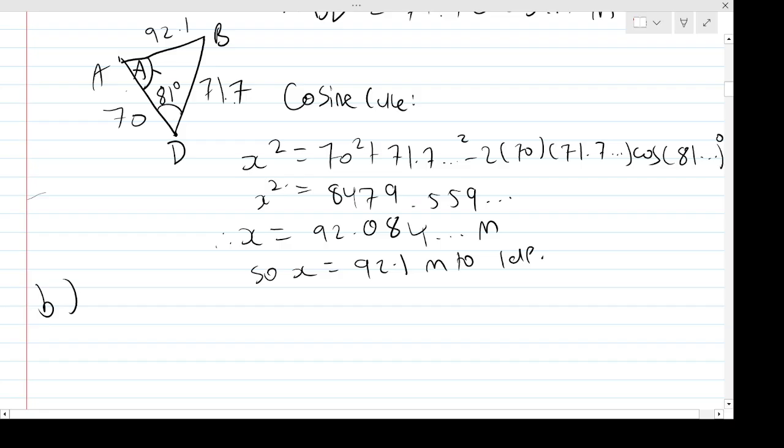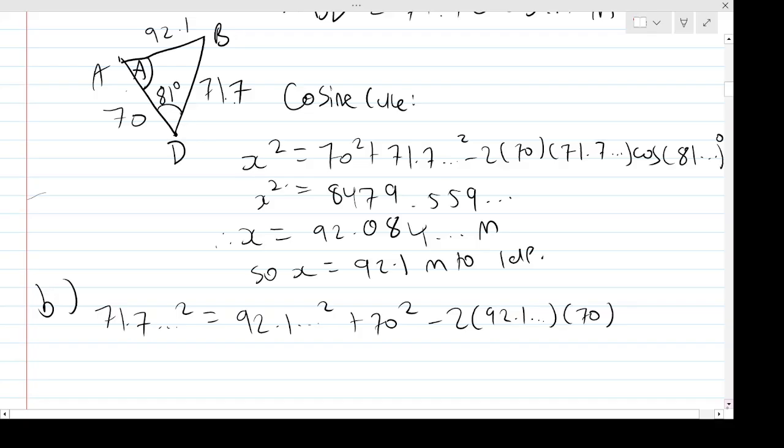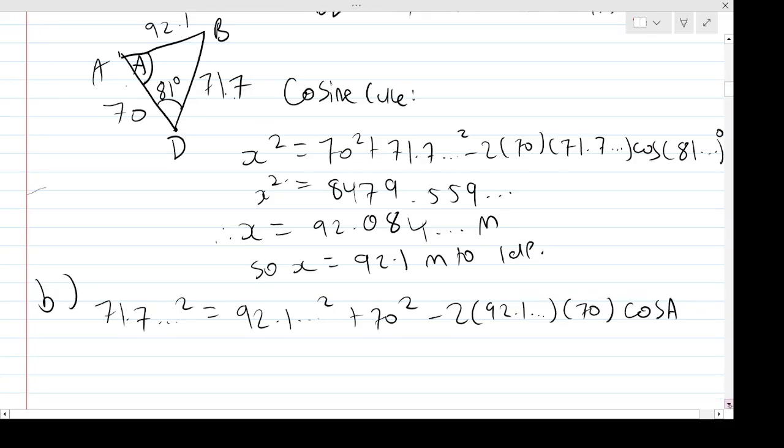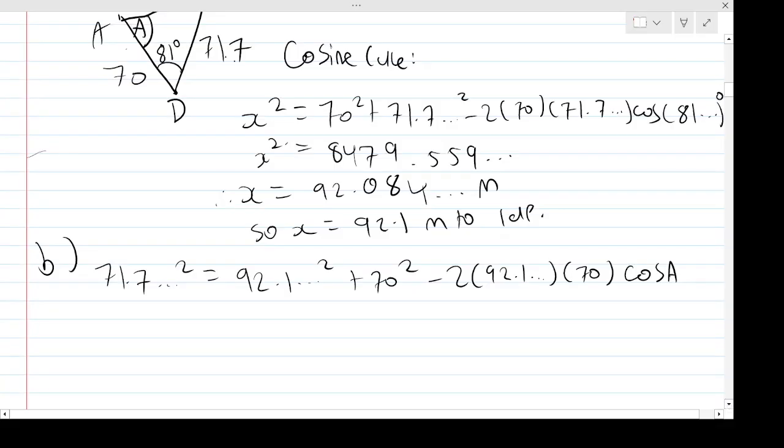So as the angle A here is facing the side 71.7, I'm then going to say that 71.7 squared is going to equal the other sides all squared, 92.1 squared, add the 70 squared, minus 2 lots of 92.1 times 70 cosine of A. Now, it is best to rearrange at this point for A before putting any numbers in, because if you do that, you can create more decimals than you want to deal with.